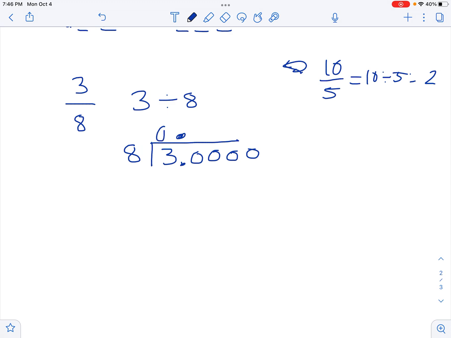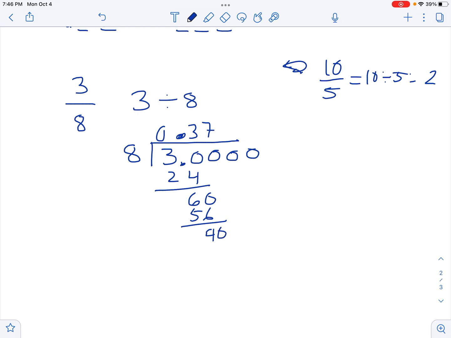8 does not go into 3, 8 goes into 30. Let's see, 8 times 3 is 24. Subtract, you get 6, bring down the 0. 8 goes into 60, let's see, 8 times 7 is 56, and then subtract, you get 4.